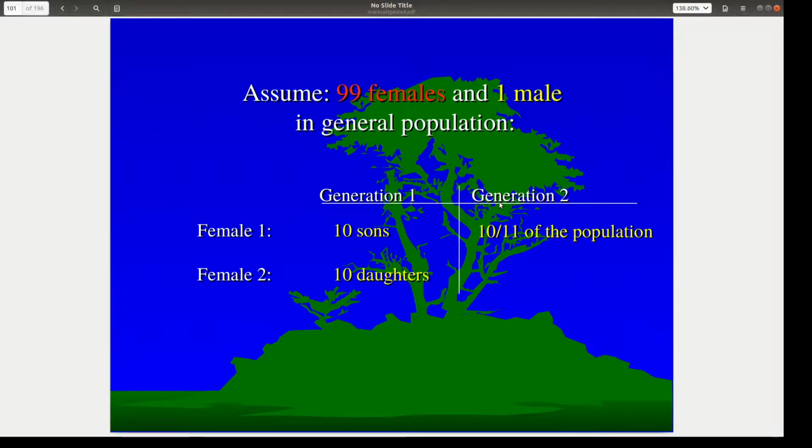Second, imagine we have a female that produces 10 daughters. These daughters will go out into the population and compete for mates against the 99 females in the general population. But these females will produce all of the next generation, right? So 10% of them are progeny of our example female, the second one. So 10% of the following generation are the grand offspring of our female.